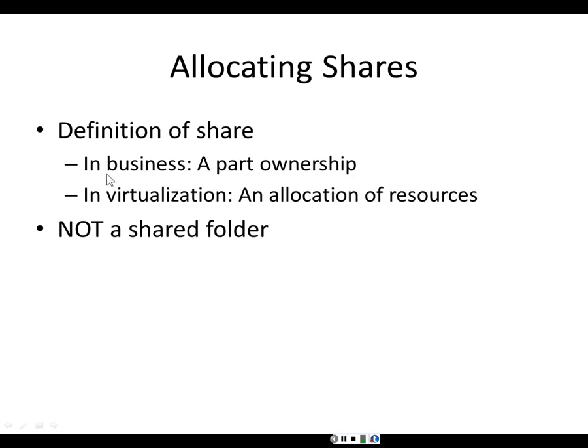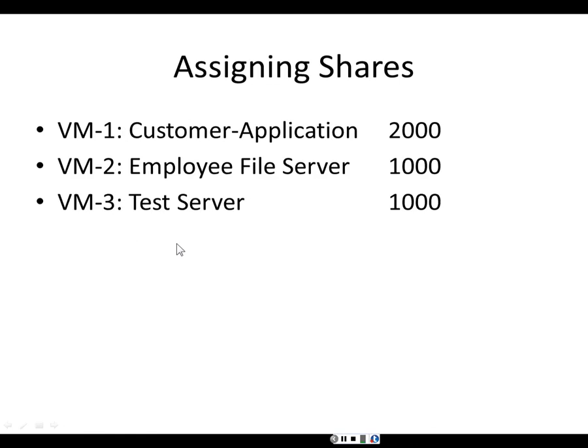Now, the definition of a share in business is a part ownership of a business. If I have 200 shares in a business and you have 100 shares of the same business, that means I own 2/3 of that business. Now, in virtualization, shares refer to allocation of resources, not to a shared folder, which is something you're probably familiar with in Windows.